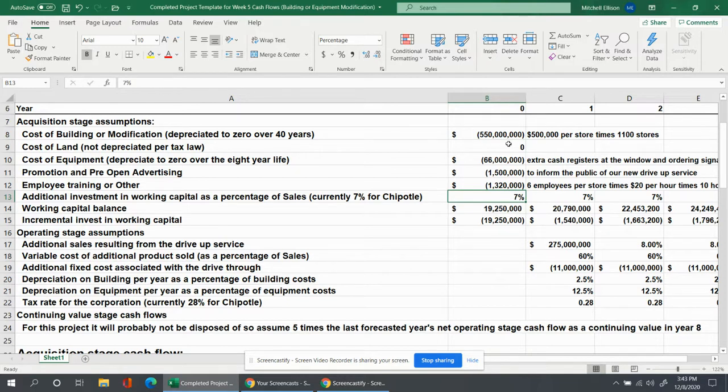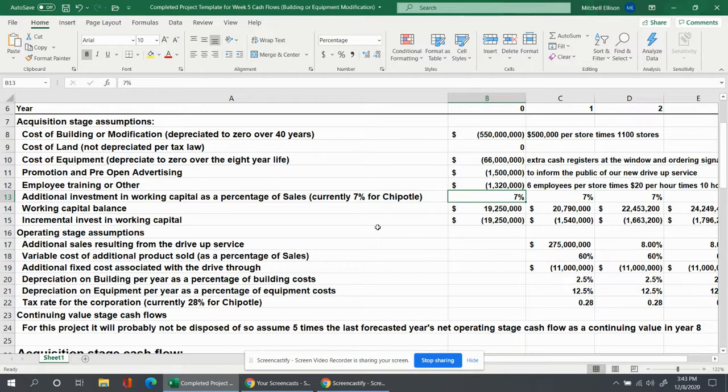You'll see in a minute that at 7%, off the first year sales, remember you have to have working capital before the fact, would be $9,250,000. All of that money would be needed that first year. The second year, that balance would grow to $20,790,000 for an additional or incremental investment in working capital of $1,540,000. Then we move to the operating stage.